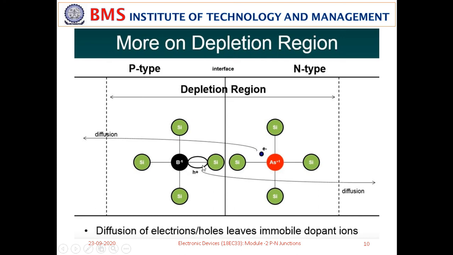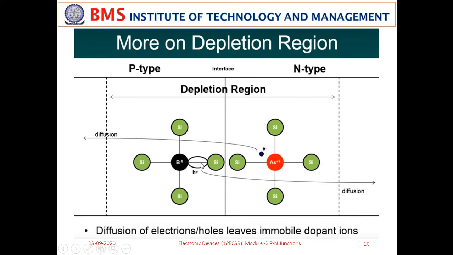Likewise, here also holes diffuse from the region of higher concentration. You can see lots of holes are here. Suppose this hole leaves its position because some electron occupies this position, and moves to the n side. This creates an immobile negative ion here, or you can say a depleted negative ion.